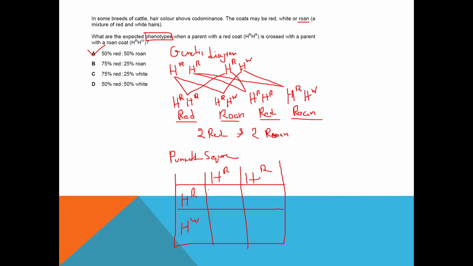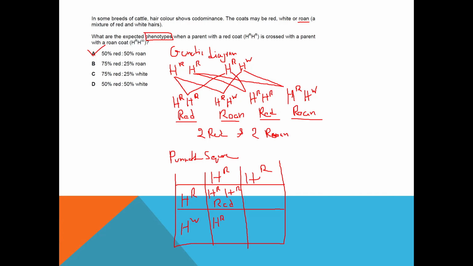So first we have HR, HR. We are just matching the horizontal alleles with the vertical alleles, just like when you find coordinates in a graph. So in the first box we have HR, HR, and we can also write the phenotype below this genotype. The phenotype is red, that's the color of this cattle. Next we have HW, HR, or you could say HR, HW, the order isn't important.